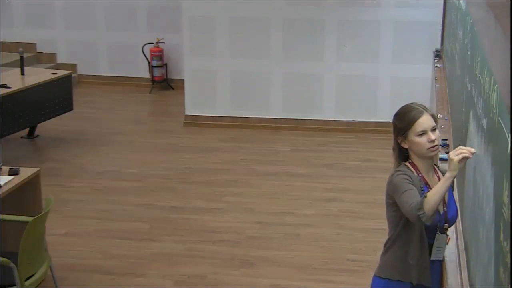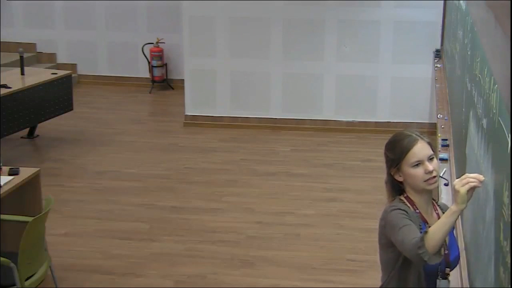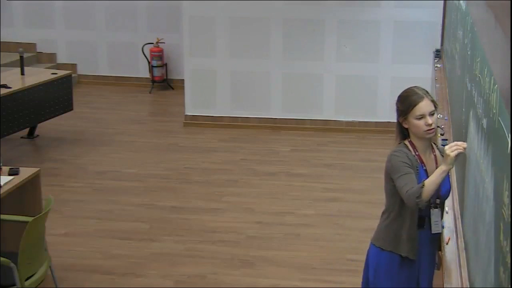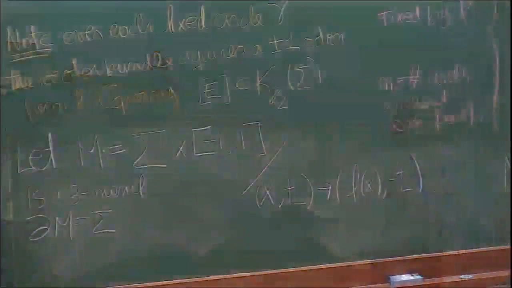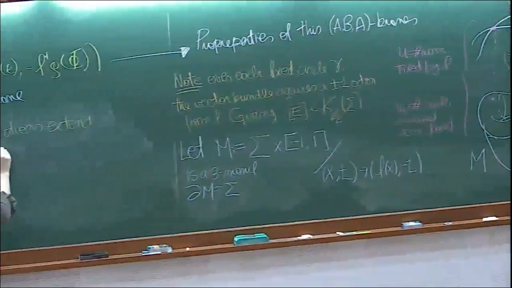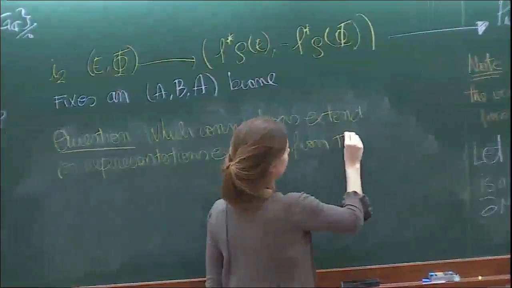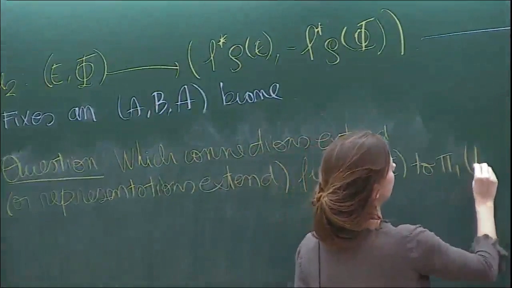So which connections extend, or which representations, if you want, in that setup, extend from representations of the fundamental group of your Riemann surface to representations of the fundamental group of your manifold.